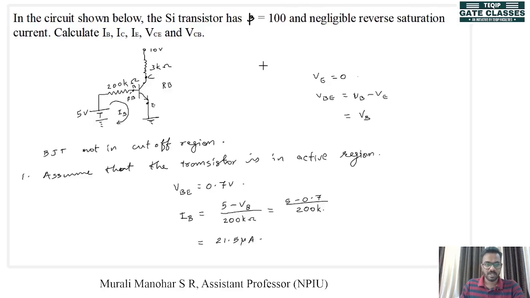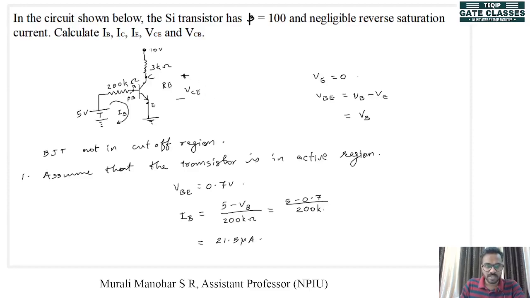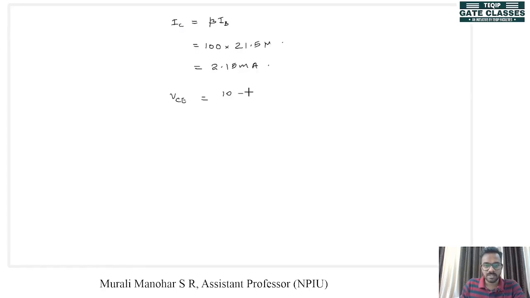right? Now after finding out IC, we can find out VCE. Now VCE is given by, VCE is equal to this voltage minus the drop in this resistance, right? So 10 minus the current IC, which is 2.15 milliampere, into the resistance, which is 3 kilo ohm, 3 into 10 to the power 3.